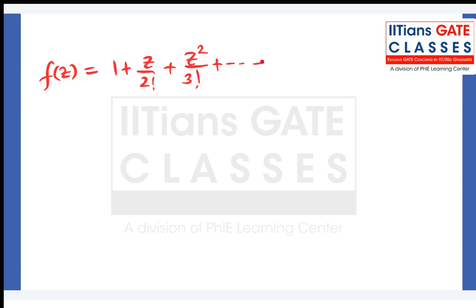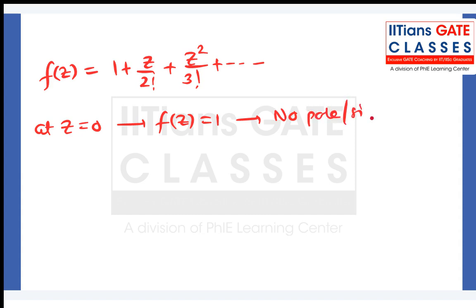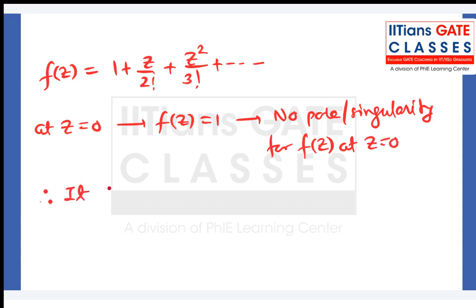Now if you see at z equal to 0, f of z is just 1. So therefore there is no pole or singularity for f of z at z equal to 0, and therefore it is a removable singularity.